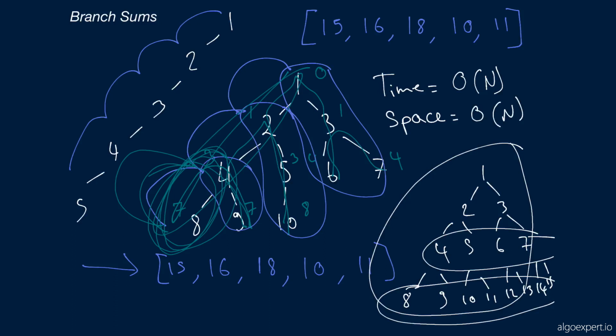Another way to think about it here is in a balanced binary tree, every new level is a new power of 2. You've got 2 to the power of 0 nodes at the top, and 2 to the power of 0 is 1, so there's 1 root node. Then you've got 2 to the power of 1 nodes on the second level, which is 2 nodes. 2 to the power of 2 is 4 nodes here.